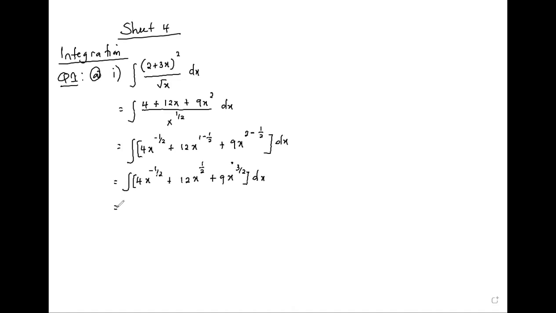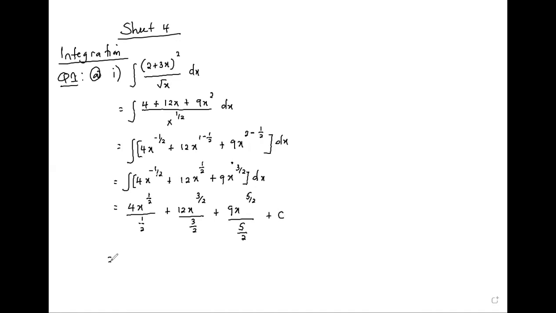From there, we start integrating. We have 4x to the negative half plus 1, that gives us half, over half, plus 12x to the half plus 1, that's 3 over 2, over 3 over 2, plus 9x to the 5 over 2, if we add the 1, over 5 over 2, plus a constant c.